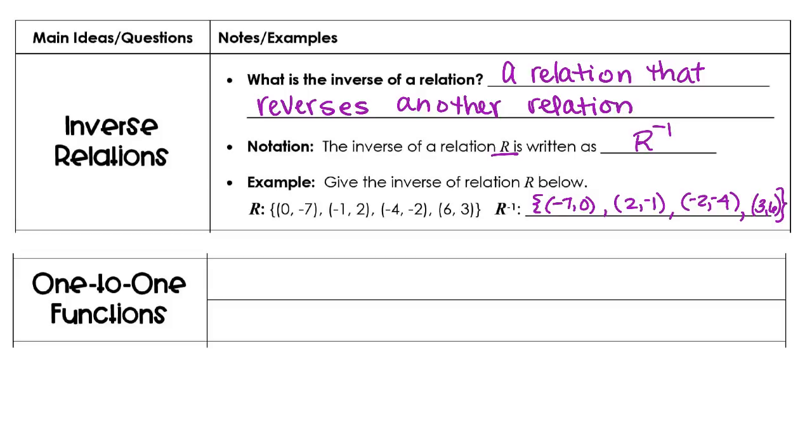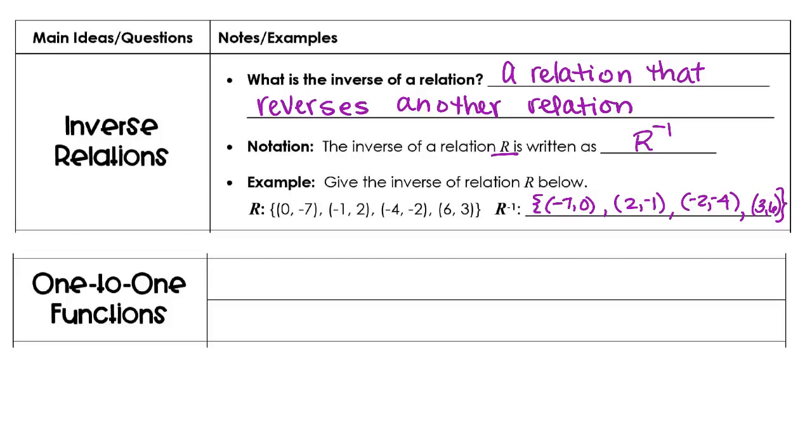Okay, so now we also need to talk about one-to-one. We're told by definition that a function is going to be one-to-one if the relation and its inverse are both functions.